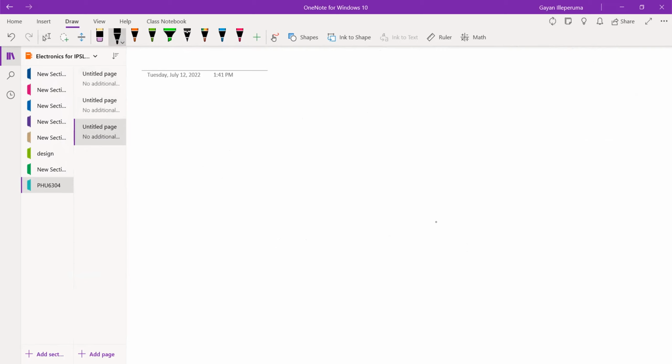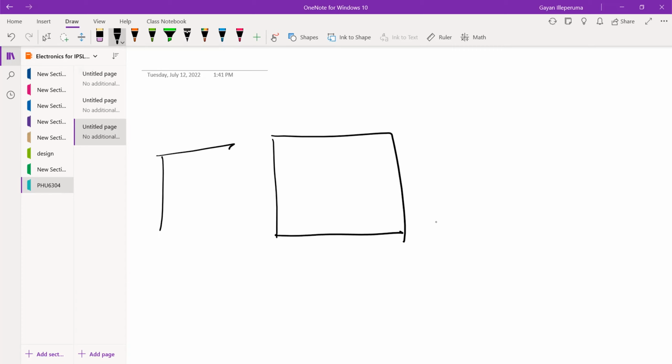Now I'm going to draw a very generic block diagram. What we have is a sensor. It can detect certain things from the environment, whatever things you can detect: temperature, heat, light or whatever.